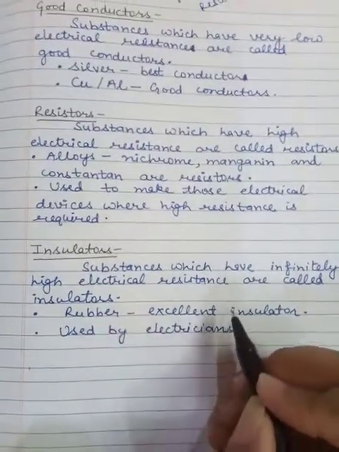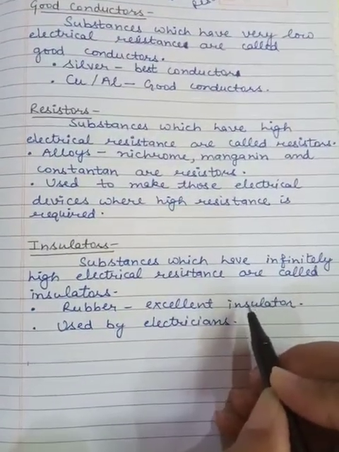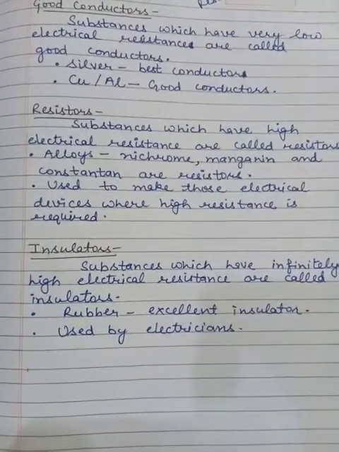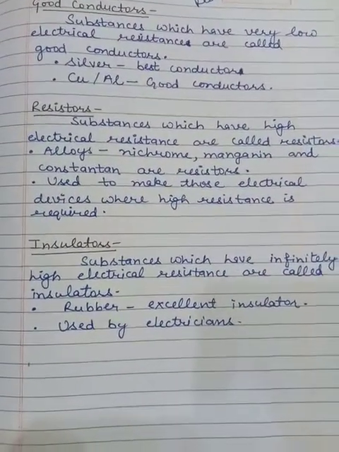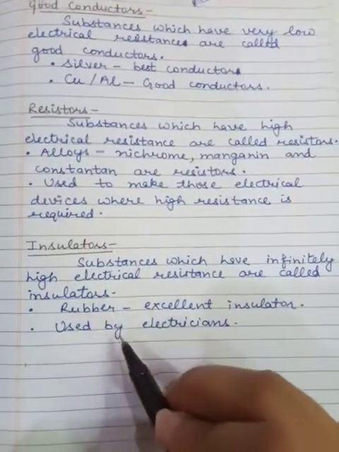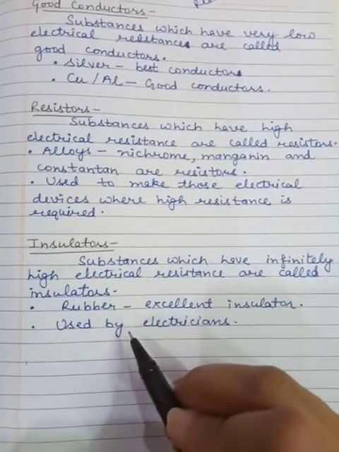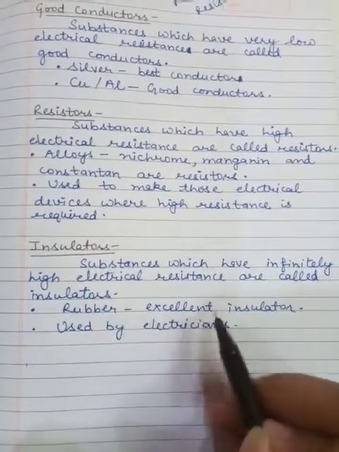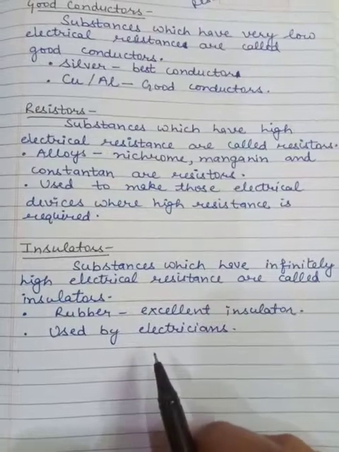Rubber is an excellent insulator. It is used by electricians. When electricians do electrical work, they wear rubber gloves. That's why they do not get an electrical shock. So rubber is an excellent insulator.